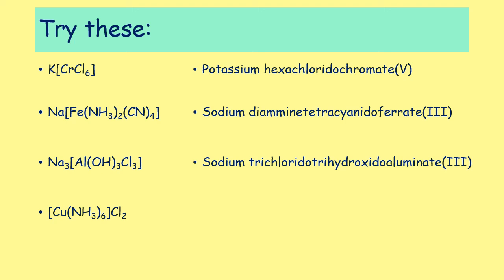We've only got 1 ligand, it's amine, and there's 6 of them, so it's going to be hexaamine. There's 2 chlorides, so we know that the charge in the complex is +2. Ammonia is a neutral molecule, so it doesn't contribute towards the charge, so that means that the 2+ charge is coming directly from the copper. And that means that we have hexaamine copper 2 chloride.